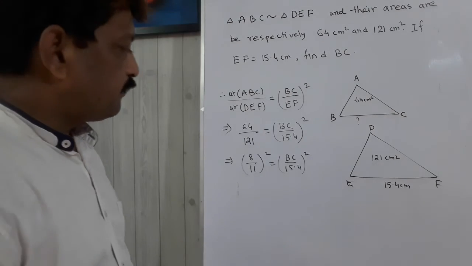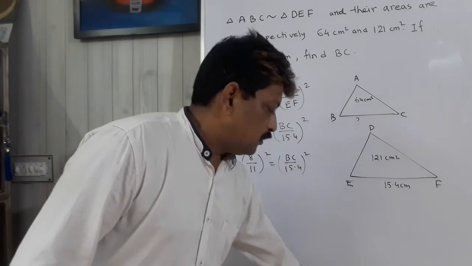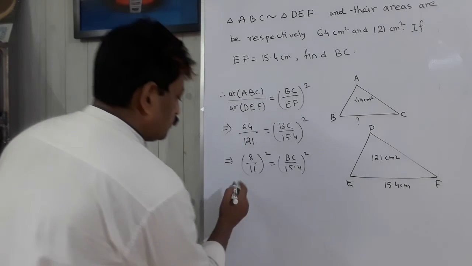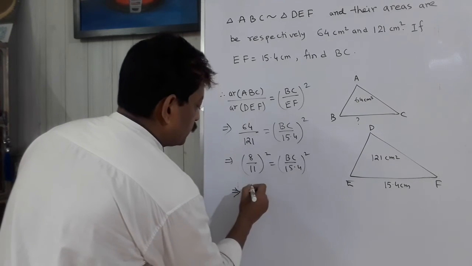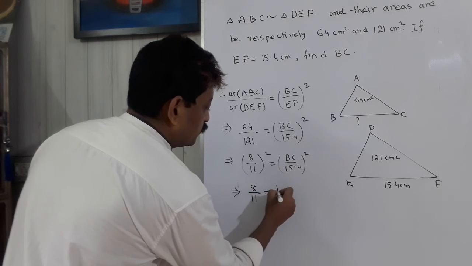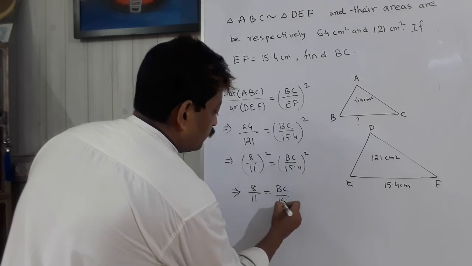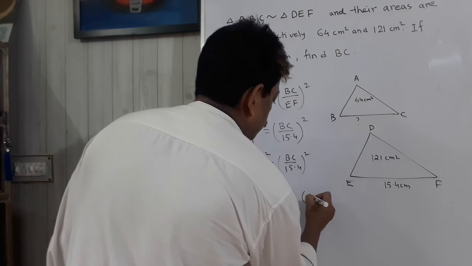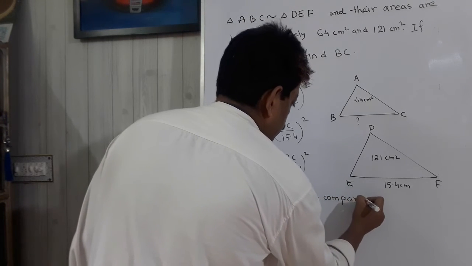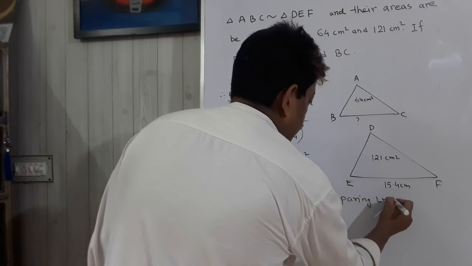Both sides are written in the form of square. Now I am eliminating the square from both sides. So by comparing both sides, we will get 8 upon 11 is equals to BC upon 15.4.